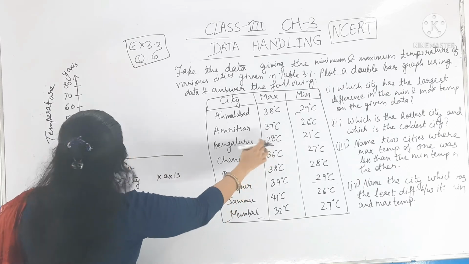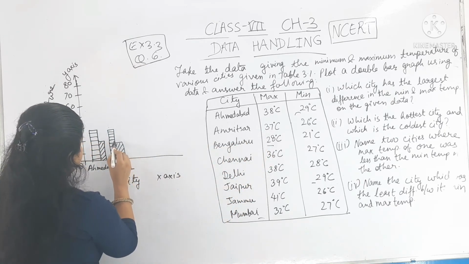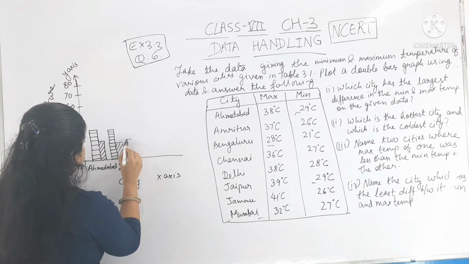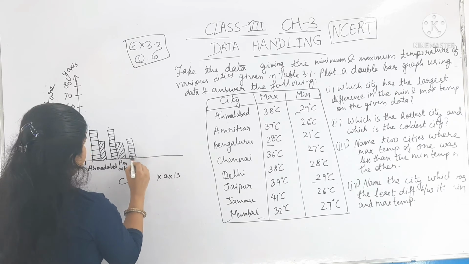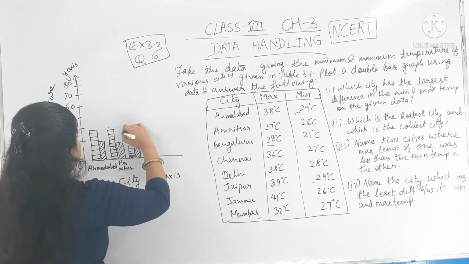Bangalore has 28 degrees Celsius and 21 degrees Celsius over here. This is Bangalore.